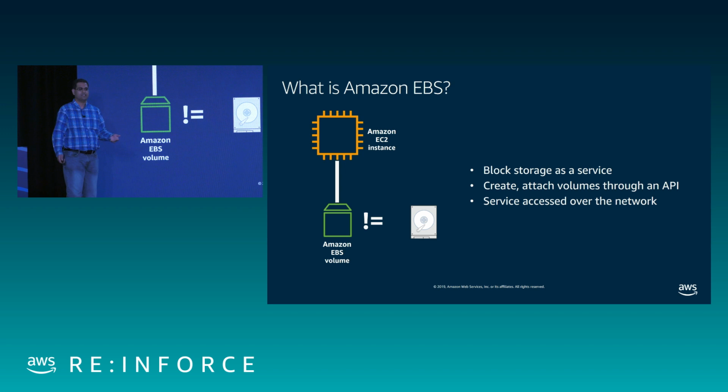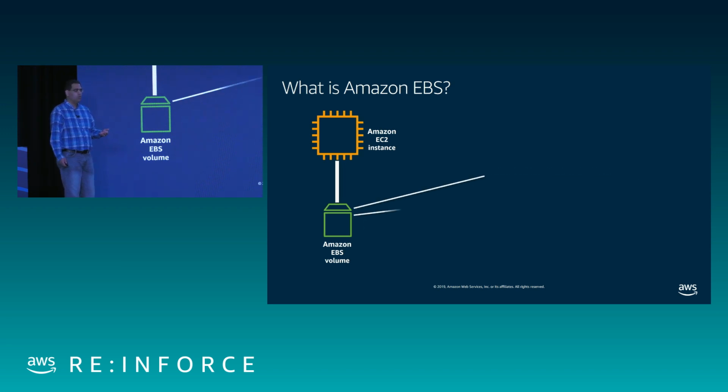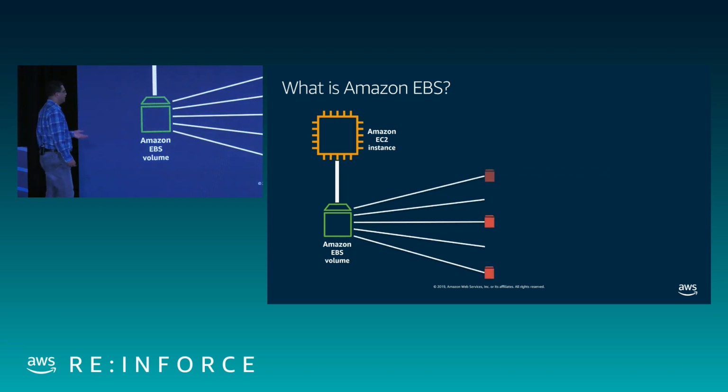It is not a single disk. And in fact, one of the ways that EBS provides the availability, durability characteristics is by providing storage over a large number of devices. And so in fact, your EBS volume is distributed over a large number of physical devices, which gives you the necessary characteristics.